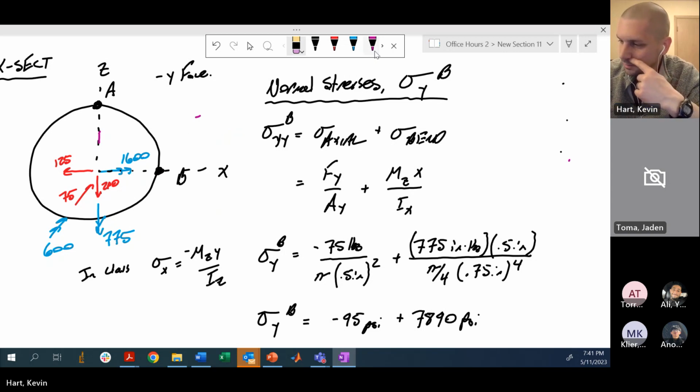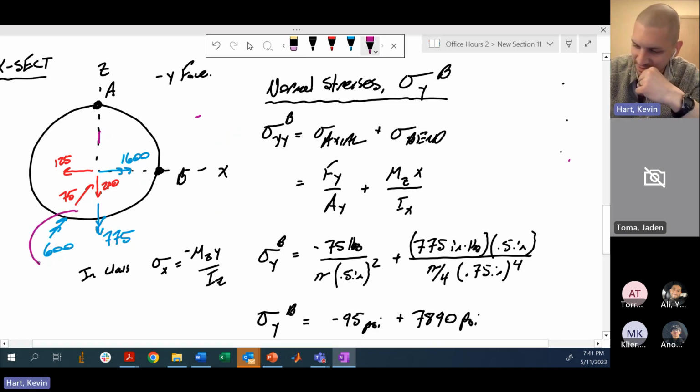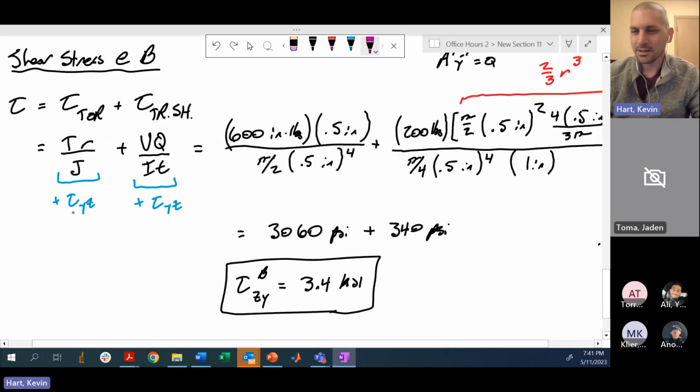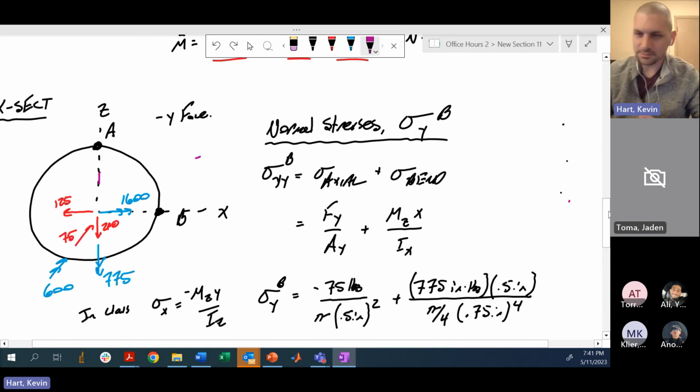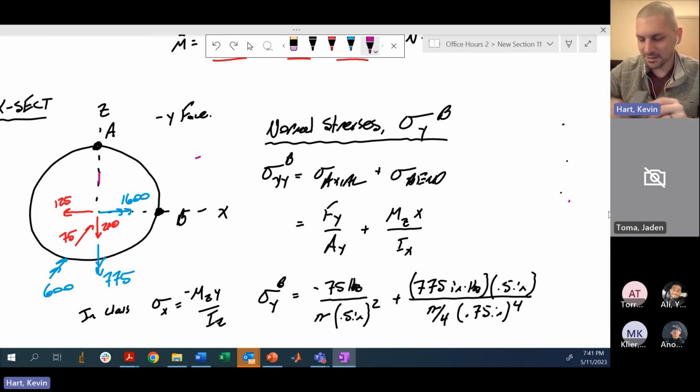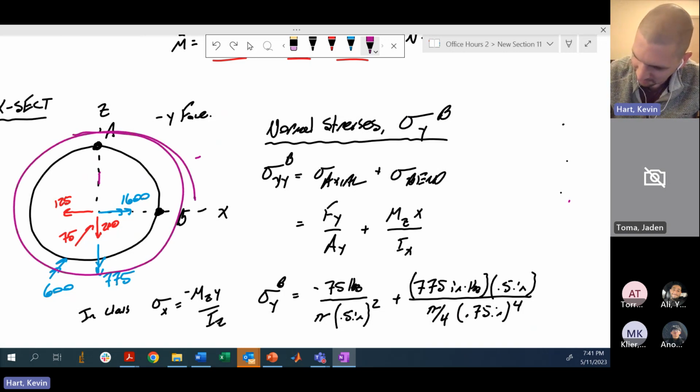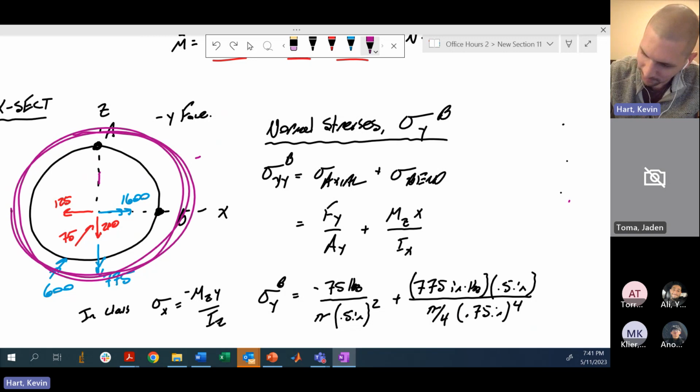All right. So this 600 inch-pound torque is what is concerning us, right? So let's talk about the torque first then. Stick your thumb into the board, or into the page, and then twist. That is going to give you a twist that looks like this. It's giving you this clockwise twist. You okay with that, Andrew?